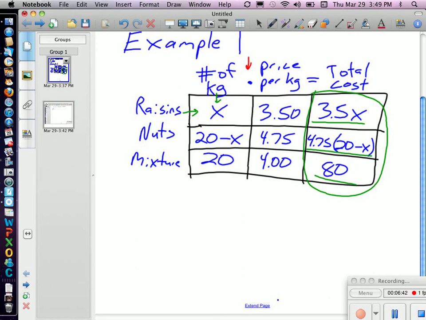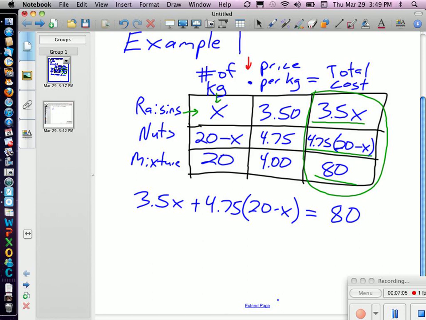So let's write that out: the total cost of raisins plus the total cost of nuts equals the total cost of the mixture. Again, that's step 3 of the 5-step problem-solving method, making an equation.